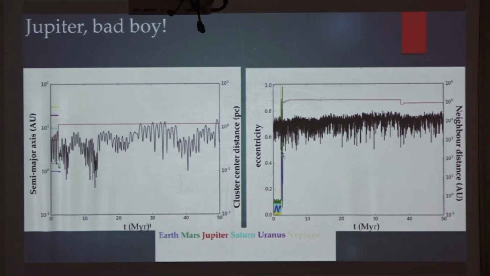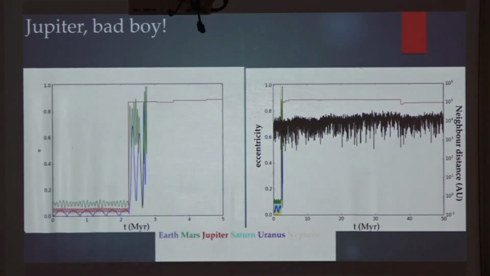As you see here, there is a very strong encounter around 200 AU distance from the star, and this would eventually eject the planets.